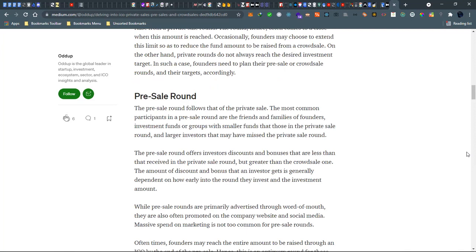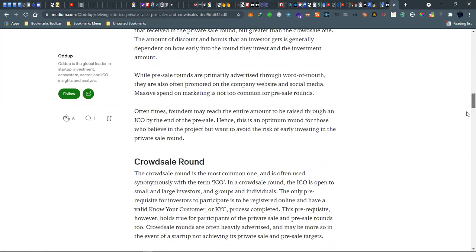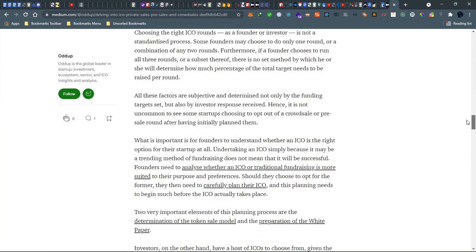Depending on the context, whitelisting can also mean different things. But if you're talking about ICOs or crowdfunding, then it's during the private sale, pre-sale, and the crowd sale. You can do whitelisting for all those.